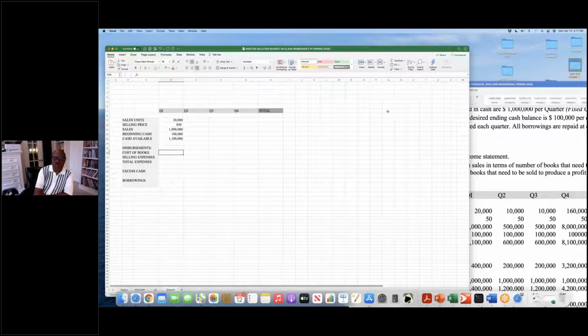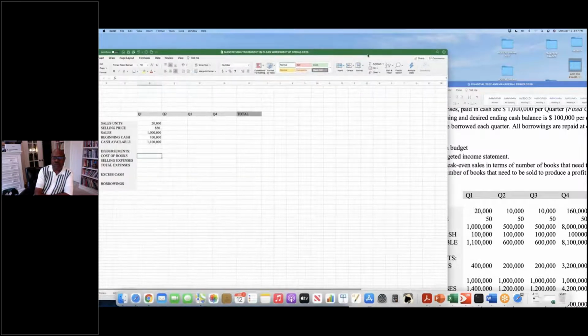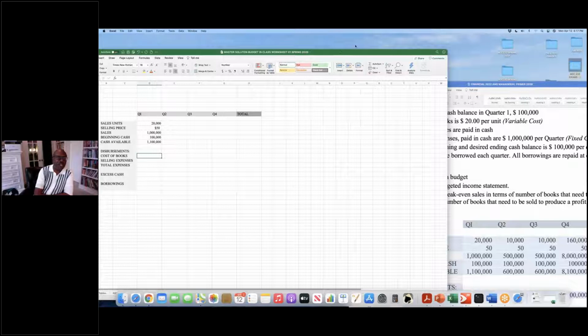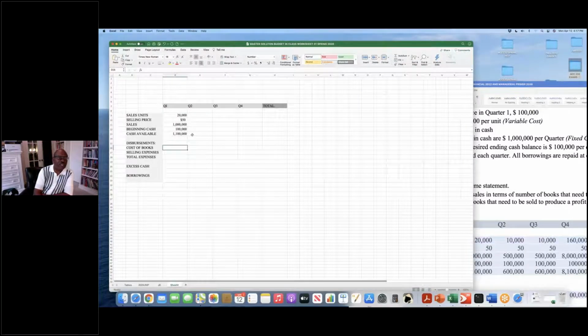And we said these books were costing us what? 400,000. Well, how much did each book cost us? How did you get 400,000? Well, I'm assuming that was the total of all the books together.